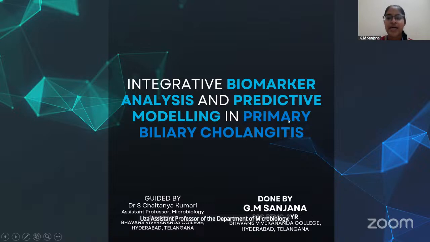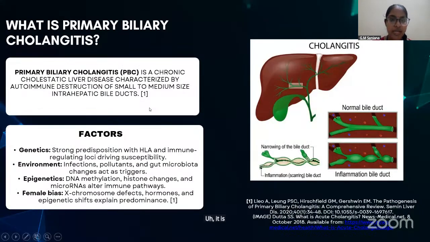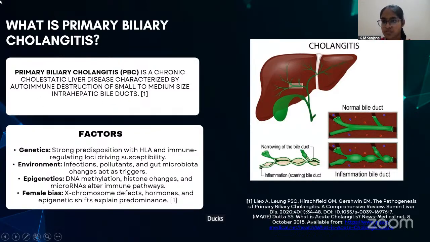Let's start with primary biliary cholangitis, what it is. It is a chronic cholestatic liver disease, characterized as an autoimmune disease leading to the destruction of hepatic bile ducts. As seen here, this is a normal bile duct, and then an inflamed one.